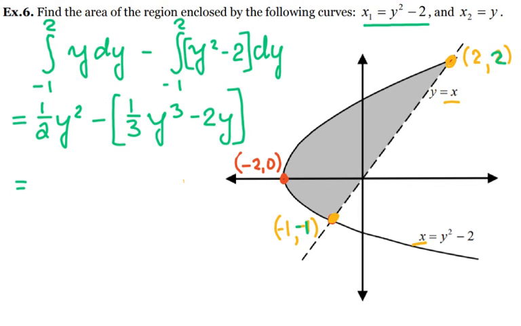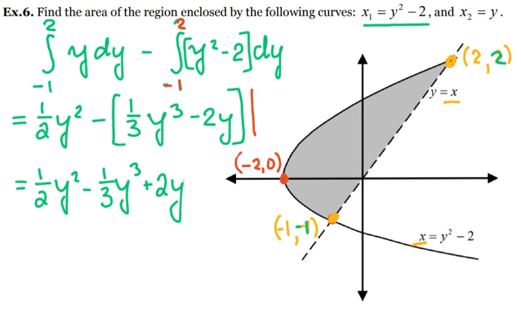If we distribute the negative over the parentheses, we have 1/2 y squared minus 1/3 y to the third plus 2y, and then we keep our limits of integration, from -1 to 2, and from -1 to 2.